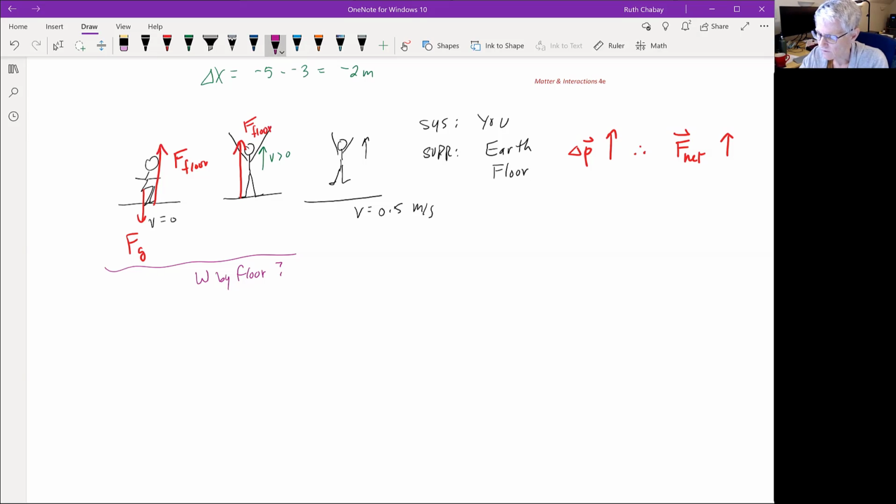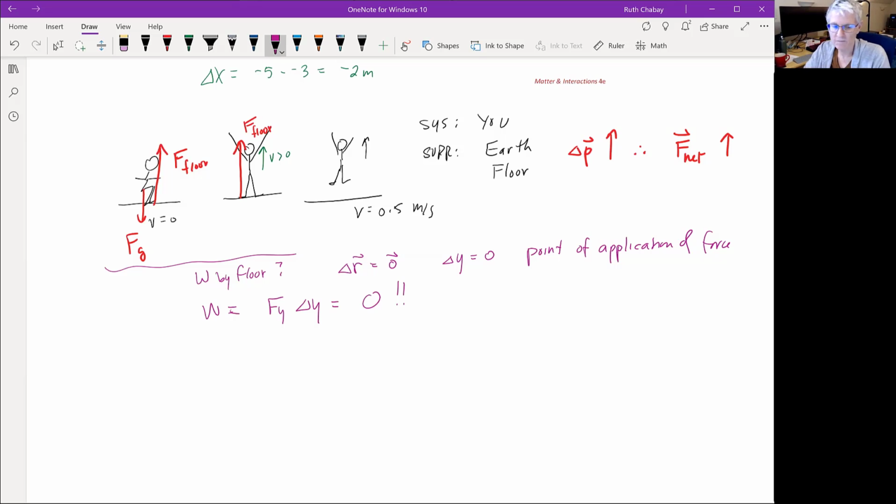So we actually have that the force acted through zero distance, because delta y of the point of application is zero, and therefore this work was actually zero. Now that's interesting because your kinetic energy increased.